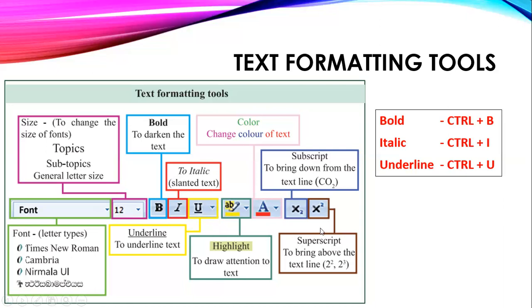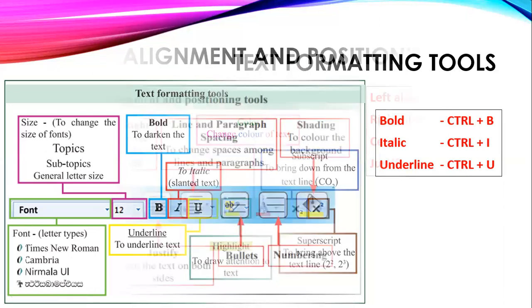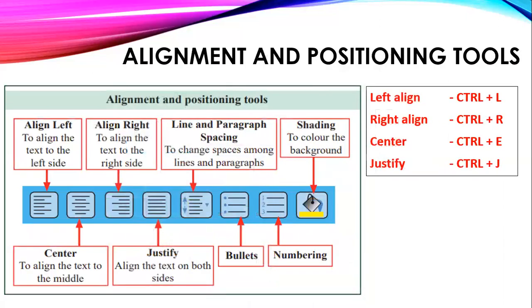Okay, right. Then once you make the document, you make the document alignment. Alignment is very important. If you see a newspaper, you can see all the text in the newspaper is aligned, balanced in the middle of the paper, no?